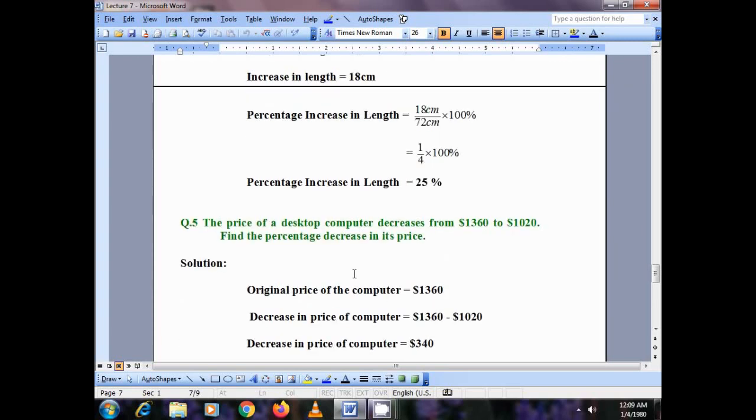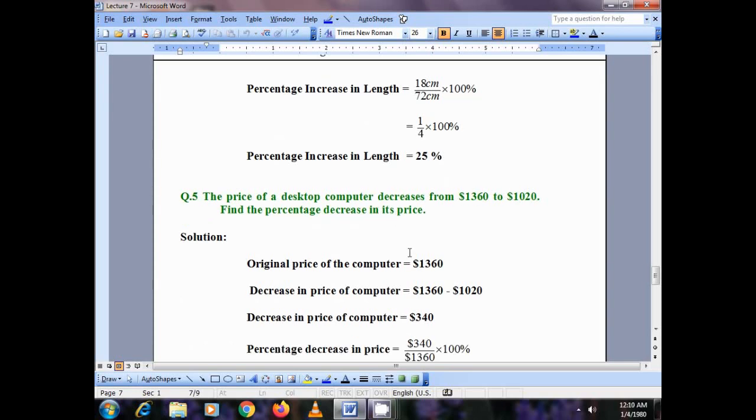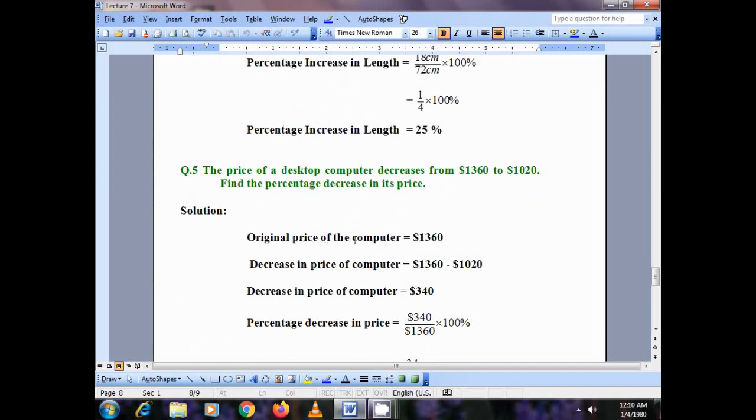Question number 5. The price of a desktop computer decreases from $1,360 to $1,020. Find the percentage decrease in its price. Once again, the original price of the computer we have is given as 1,360.